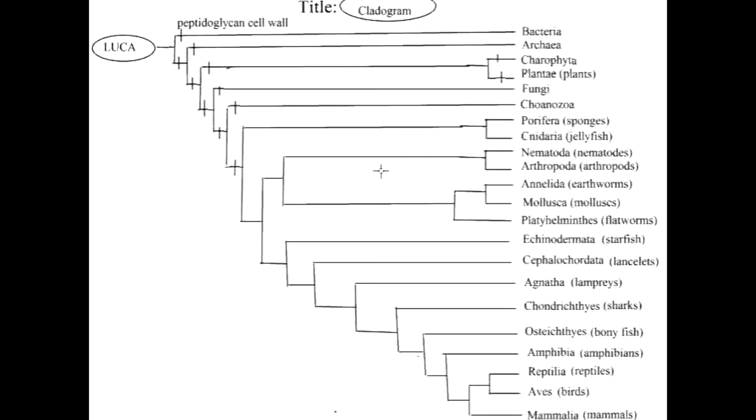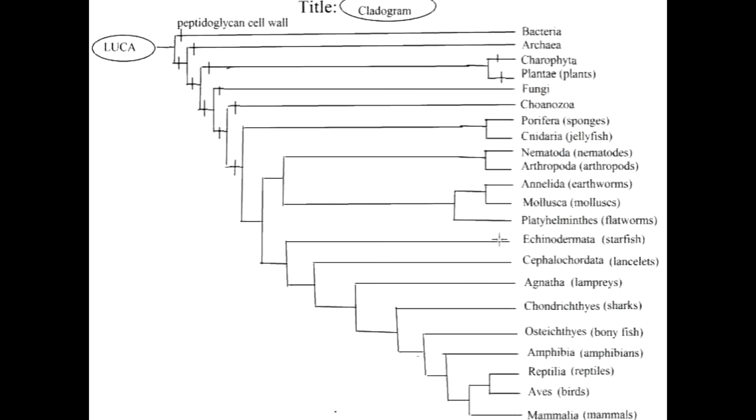The kingdom Animalia or the animal clade. Moving on here, we have another branch over here and over here. These differ because these, Porifera and Cnidaria, we studied. It's right over here actually.